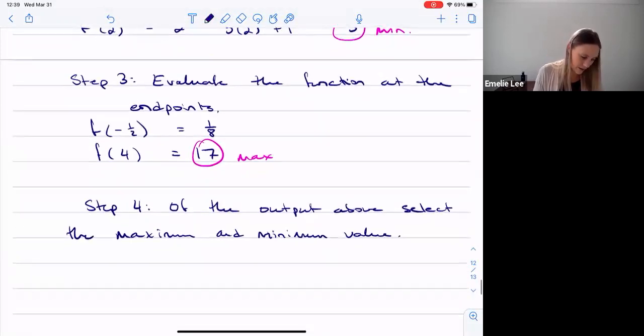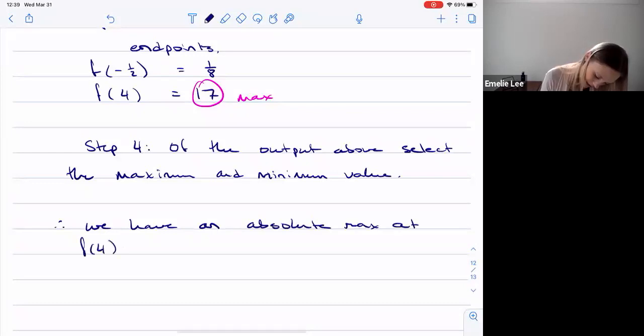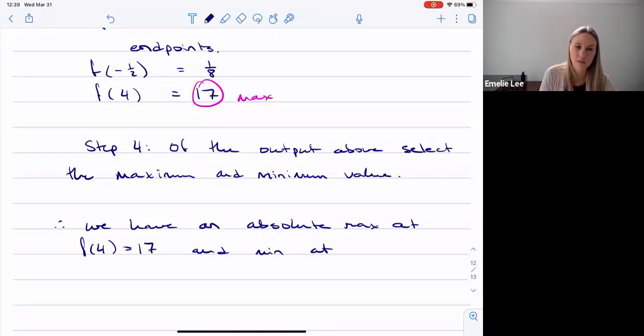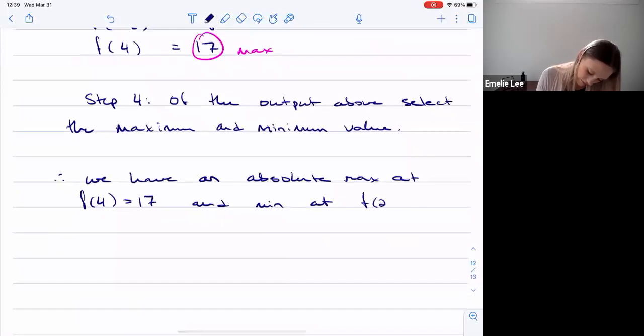So therefore we have an absolute max at f of 4 equals 17, and an absolute min at f of 2 equals -3.